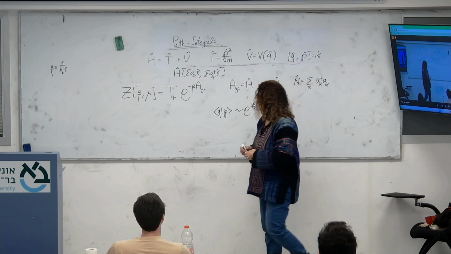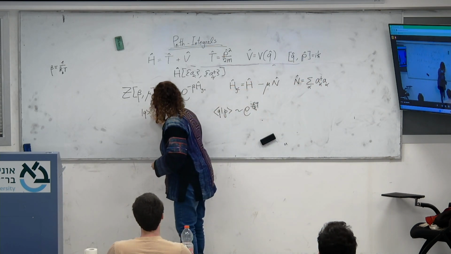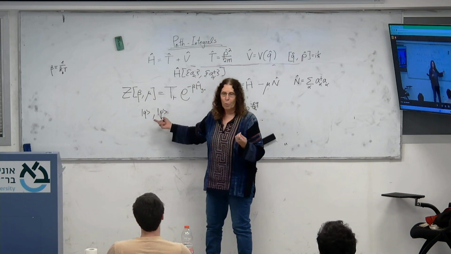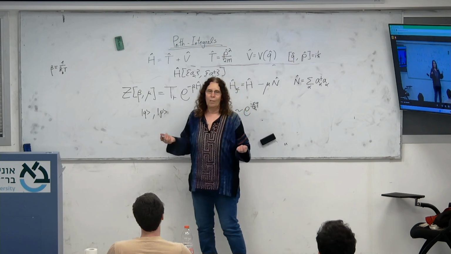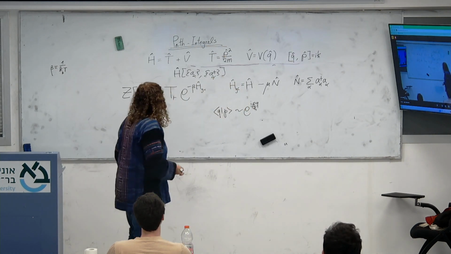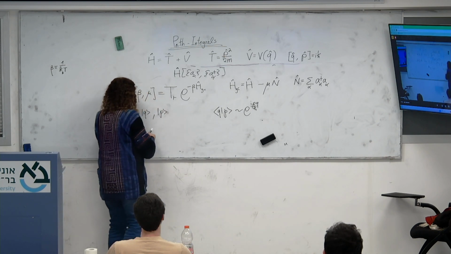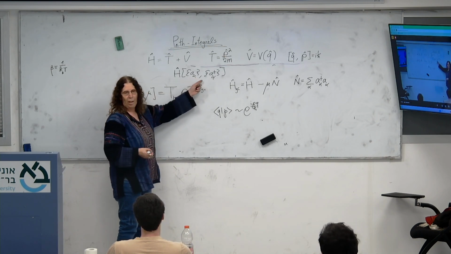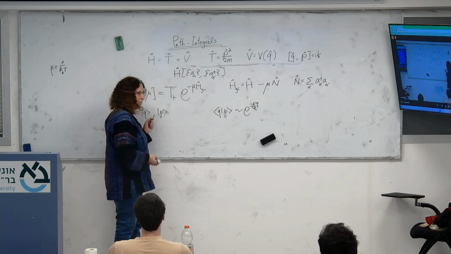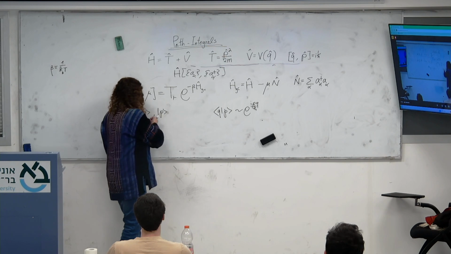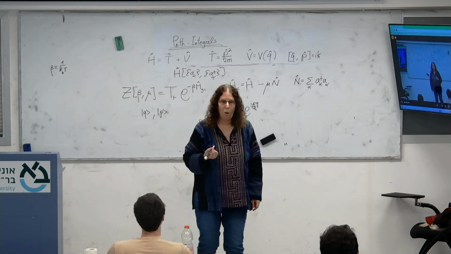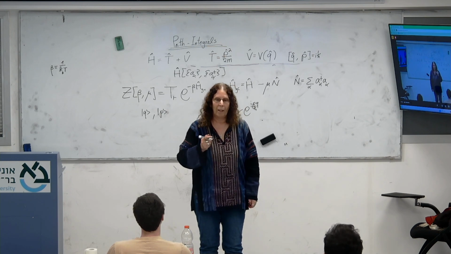The eigenstates were Q and P. Why P and Q? Because the formulation of the Hamiltonian was in terms of P and Q, right? Now, the variables are not P and Q, the variables are A and A dagger. So what we want is to introduce states that, in analogy with P and Q, are eigenstates of the operators A and A dagger.